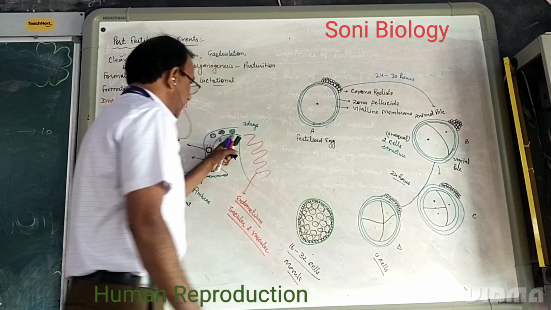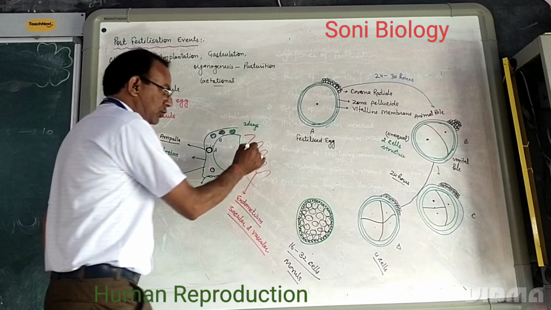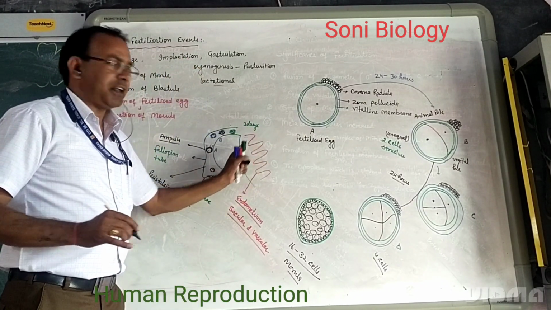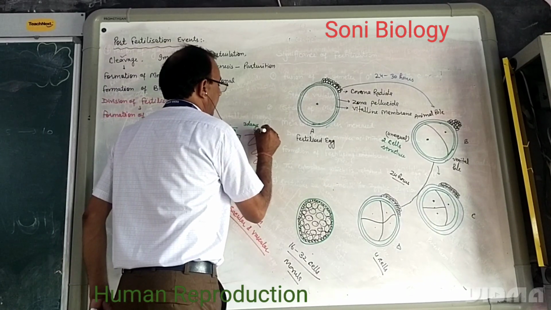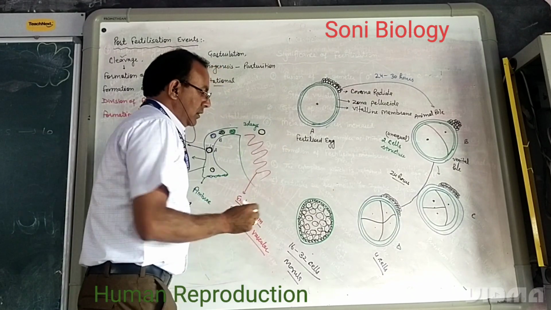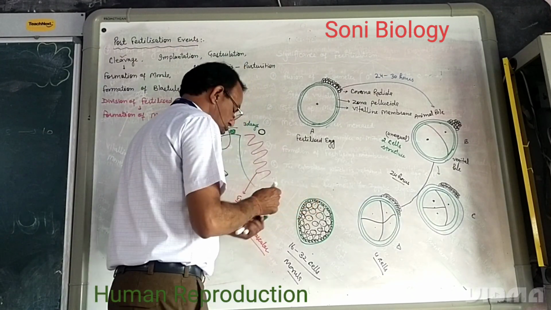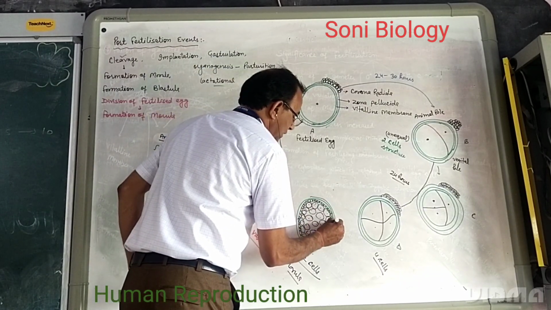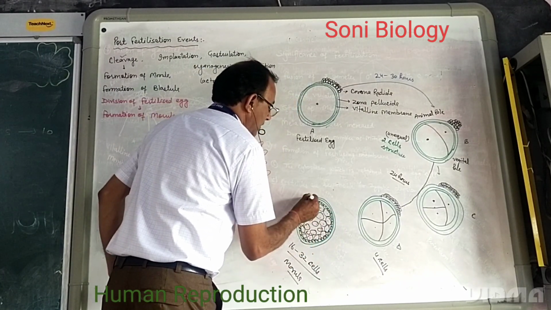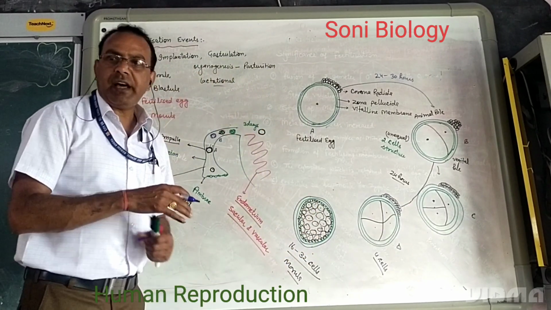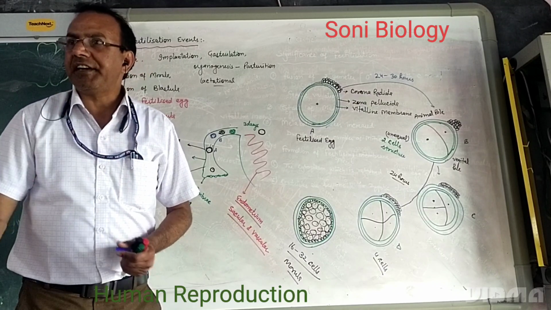The morula reaches the uterus on the 3rd day. After division, on the 3rd day, the cell which reaches here contains only the vitelline membrane and zona pellucida. The corona radiata cells degenerate.